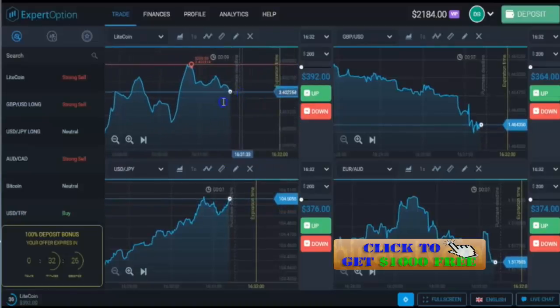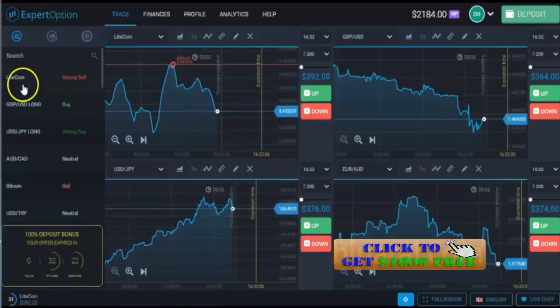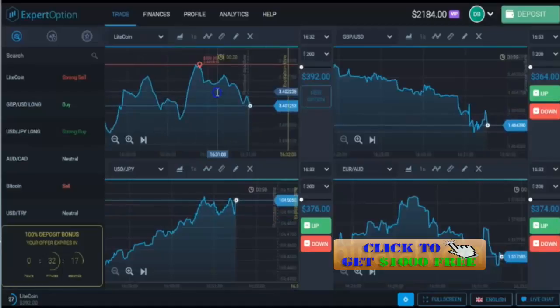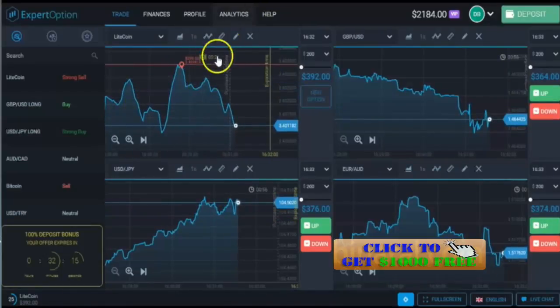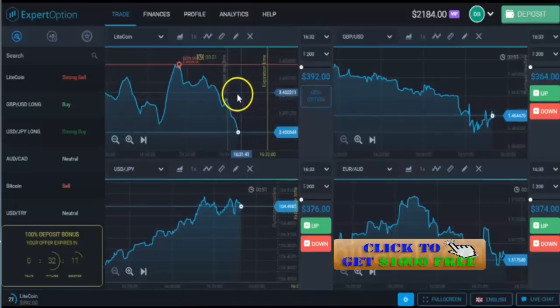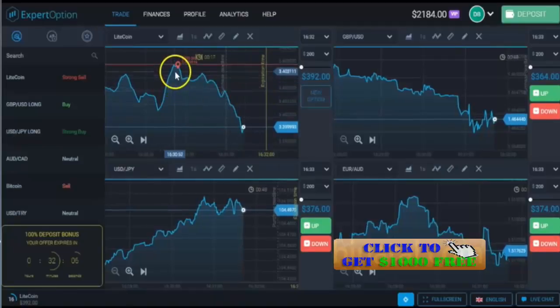It looks like we're going to win this bet. So we have a strong sell signal on the Litecoin, so we make a sell bet here, right? If the currency pair graph goes in the opposite direction, our next bet has to be 2.5 times bigger than the previous one, right?